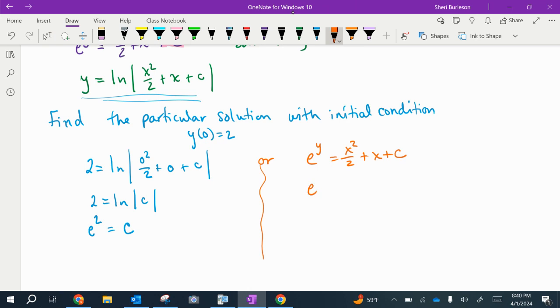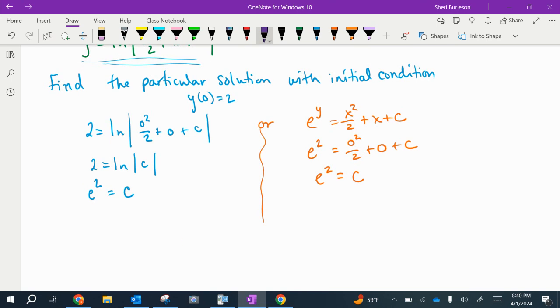If I substitute in the 2 for y and the 0 for the x's and simplify, I get that the constant equals e squared. Either way, you're going to come up with the same constant of integration.